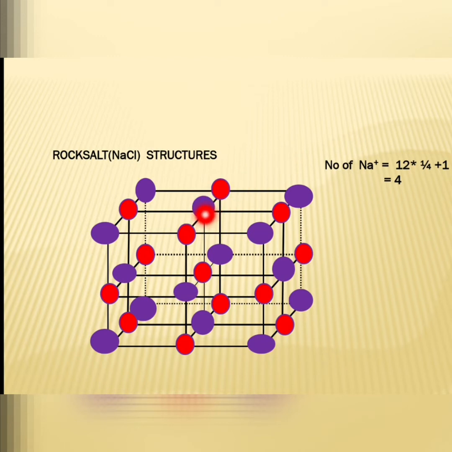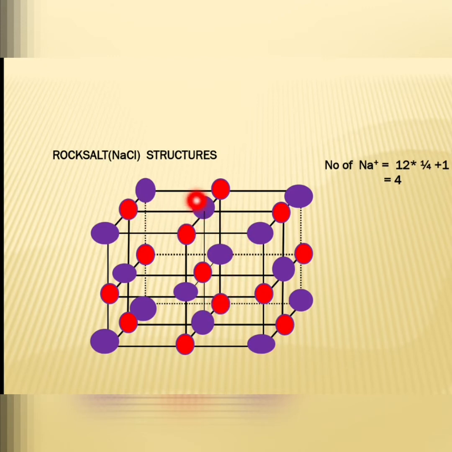And in the 6 face center positions there are 6 chloride atoms, 1 2 3 4 5 and 6. So the chloride ions are in the corner and face centered positions.